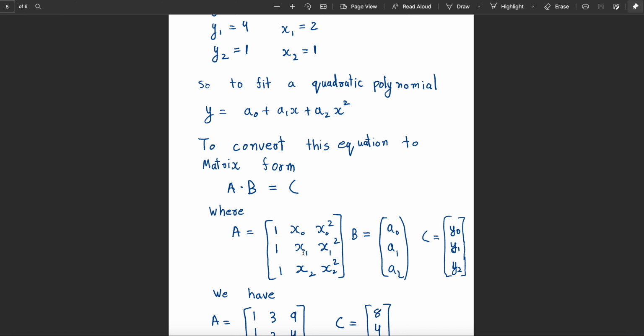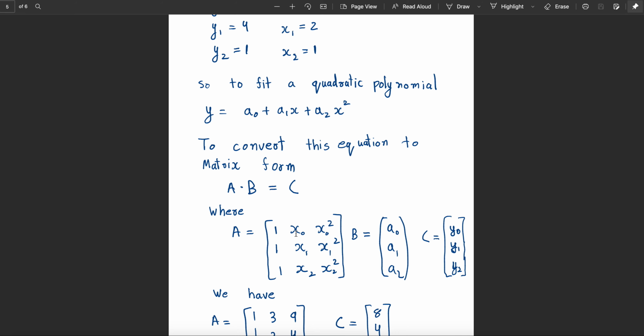So x0, x1, x2, x0 square, x1 square, x2 square. The vector b is a0, a1, and a2, and the result of their multiplication is the y coordinates: y0, y1, and y2.